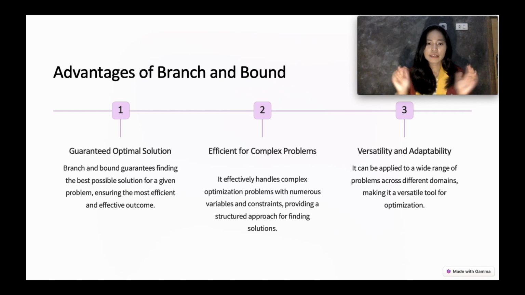It effectively handles complex optimization problems with numerous variables and constraints, providing a structured approach for finding solutions. And step three, versatility and adaptability. It can be applied to a wide range of problems across different domains, making it a versatile optimization tool.